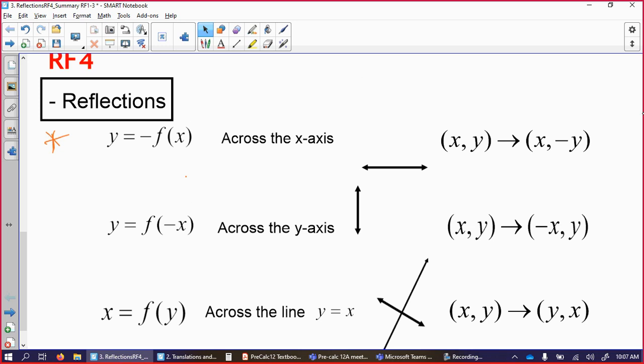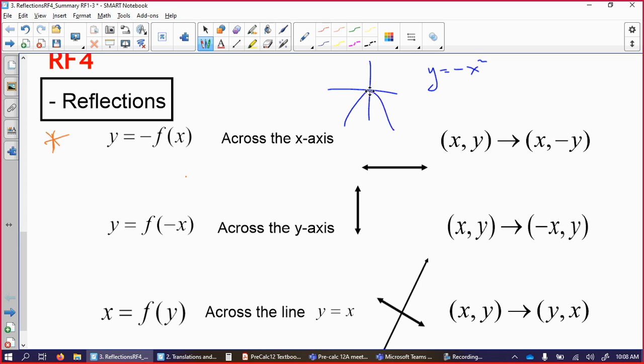When you did a parabola, if you have negative x squared, it opens down. So we reflected it across the x-axis. For a quadratic, it doesn't really make a difference if we reflect it across the y because it turns into the same thing. For the sine function, this one actually would come into play.